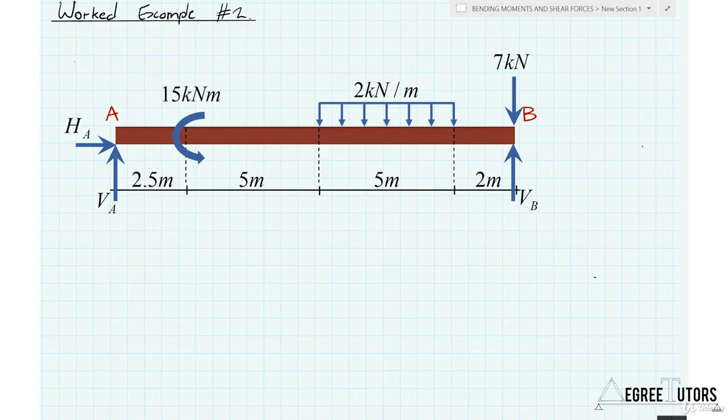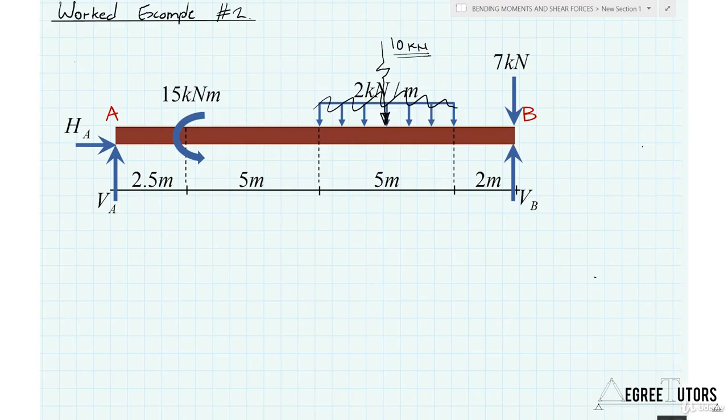So instead of having this UDL, I get rid of it and have a resultant point load, indicated by that squiggle there, of 10 kilonewtons. Not per meter, that's a UDL, it's 10 kilonewtons, full stop. So 2 kilonewtons per meter acting over 5 meters gives me 10 kilonewtons.